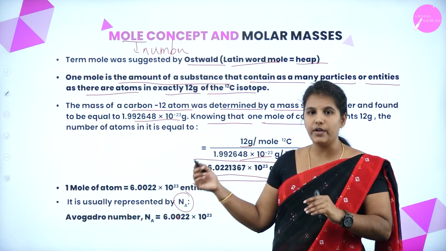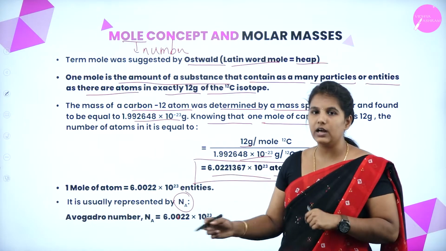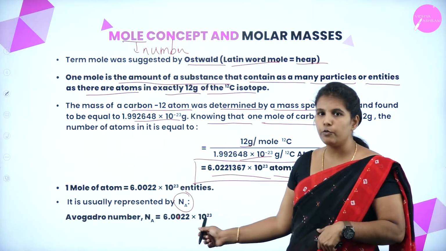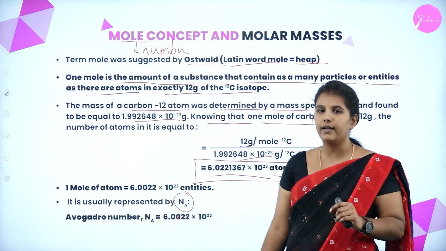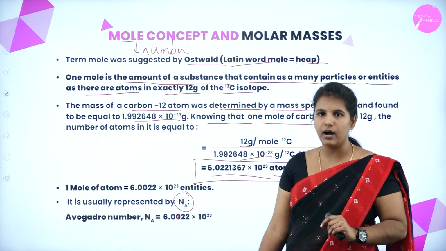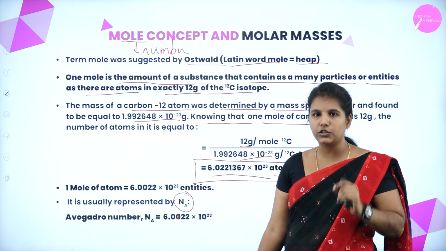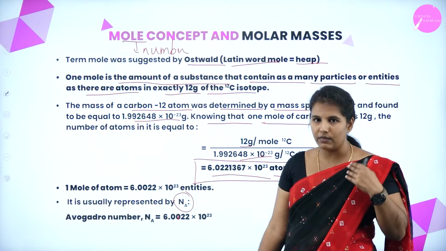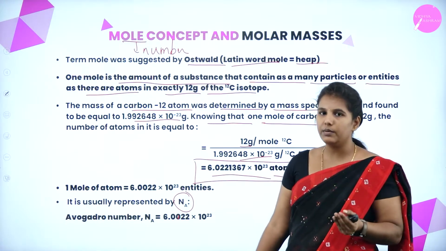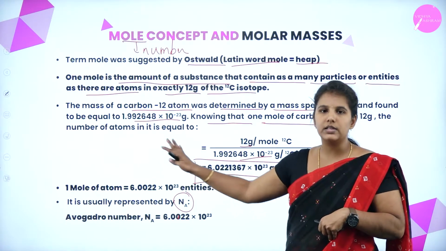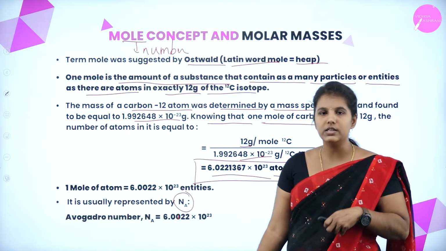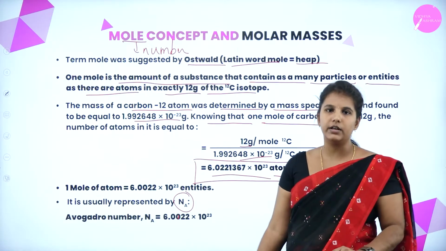They divide the weight by this mass and get a new value. To name this new value, they introduced a new word called the Avogadro number, and this Avogadro number is a constant value that we use in our later calculations also. Remember, this is obtained by taking carbon-12 as the standard element.